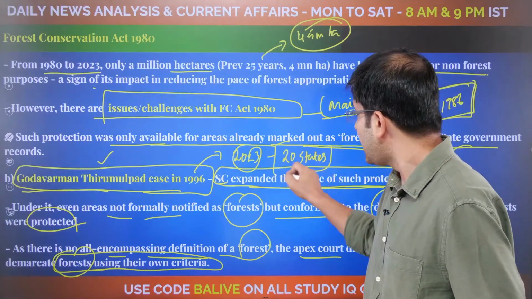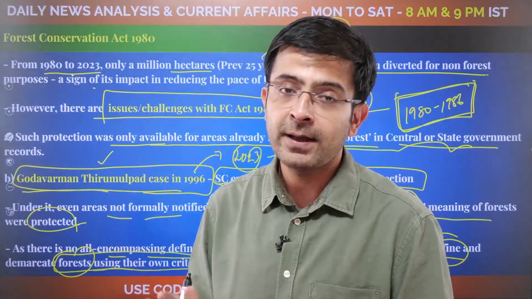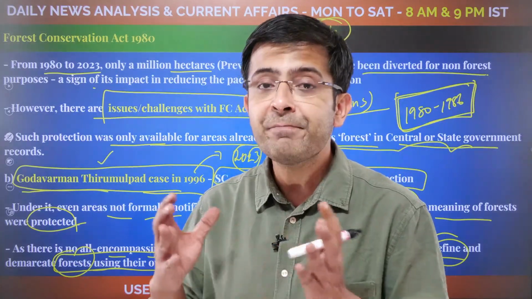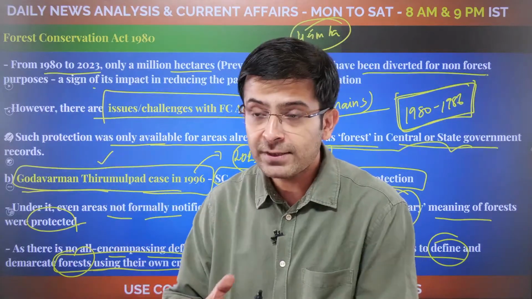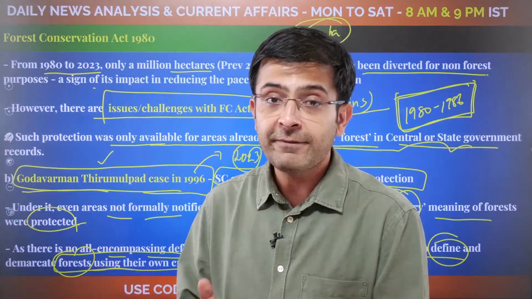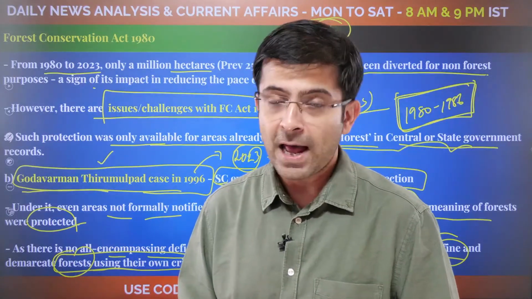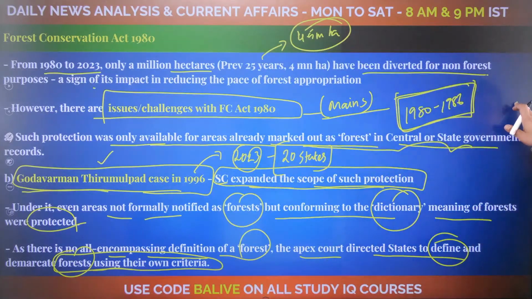Okay. That this uniform definition of forest, or even a state-specific definition of forest, has not been provided yet. All right. So this has become an impediment. When it comes to creating infra, if there is no particular definition of forest, if there is no particular policy in place, how are you going to go ahead and do it? Are you able to get this clearly? Okay. So let's go forward now.